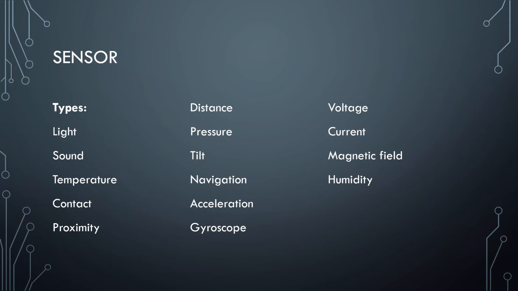I can have distance sensing, pressure sensing, all different types. So I won't read everything through the list, but sensors give us a lot of options for the robot to take in information from the world around it and process this into actions.